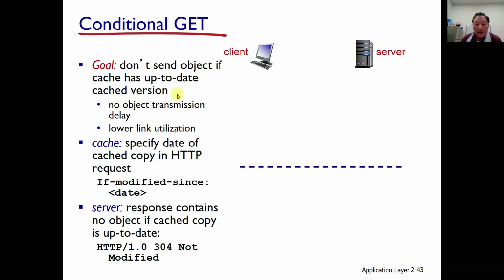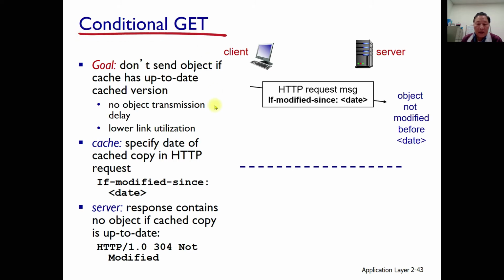Okay, another thing to think about this cache server or proxy server. This one is also related to the Wireshark lab. Here, conditional GET. What is conditional GET? Let's think about this client and server interaction first.